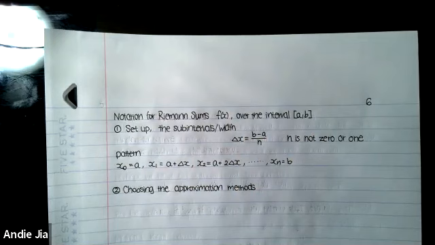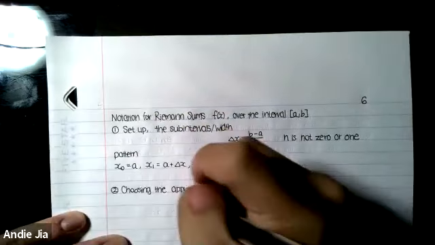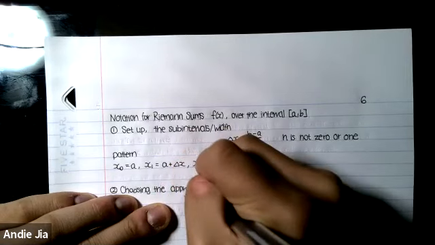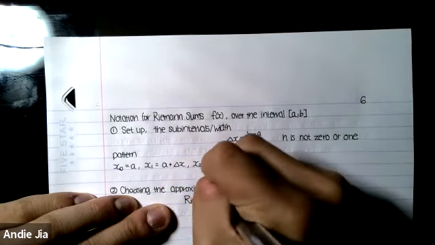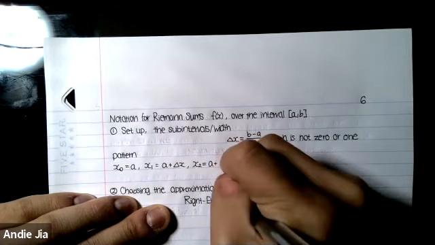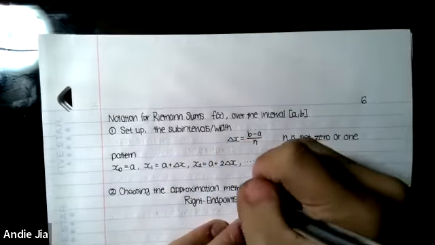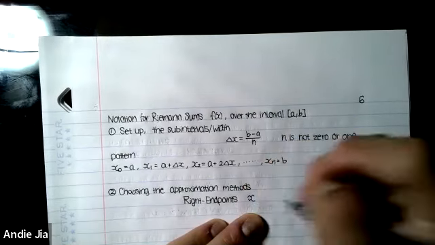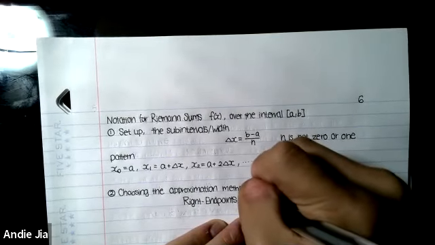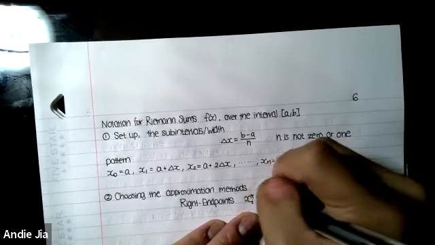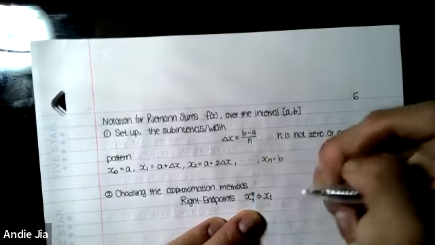If we have a right endpoint, then inside the ith subinterval we use x_i.